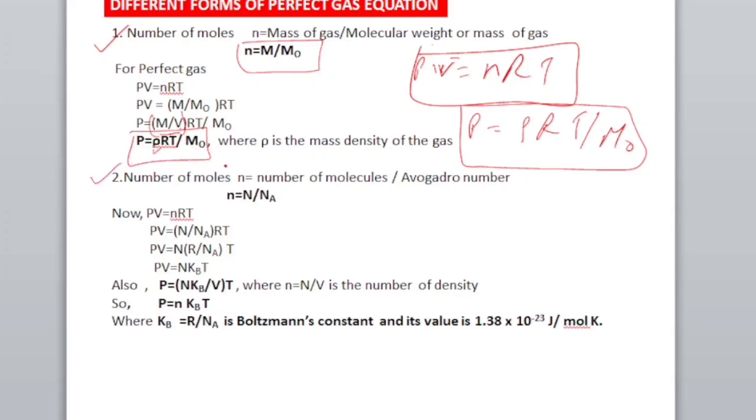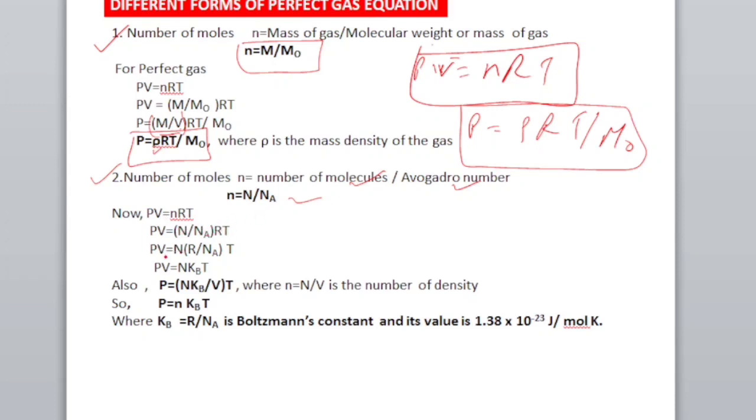You can also write number of moles in terms of the Avogadro number. Number of moles is the number of molecules divided by the Avogadro number. So n equal to N by Na, where N is the number of molecules and Na is the Avogadro number. So in PV equal to nRT, you write in place of n, N by Na. N is the total number of molecules, Na is the Avogadro number.